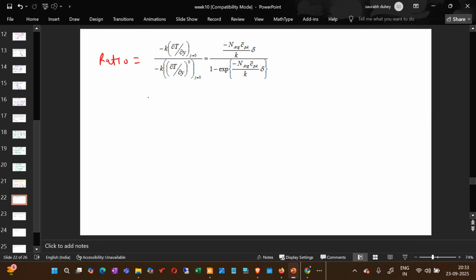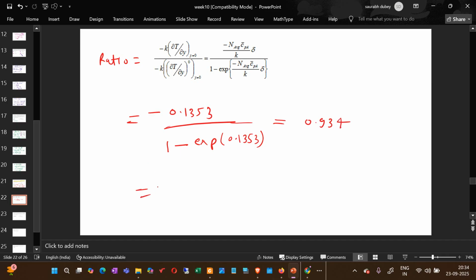If you use it, it is 0.1353, this factor we have already calculated, divided by 1 minus exponent of minus 0.1353, which would be about 0.934.